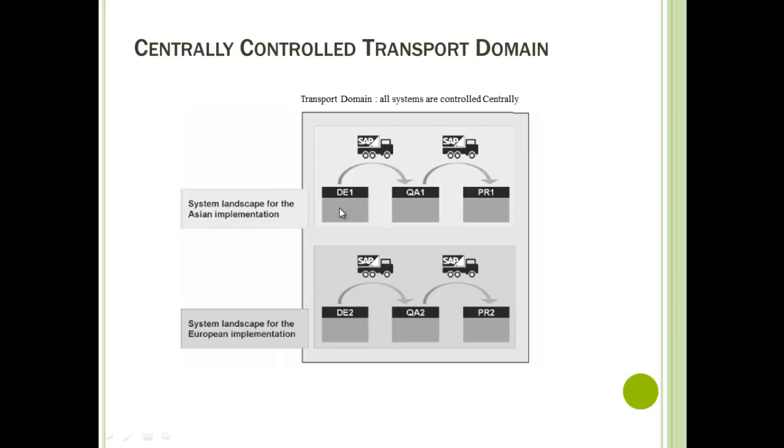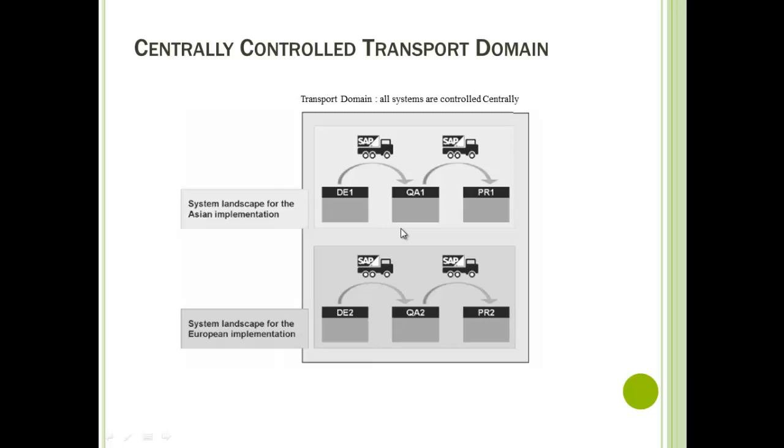When the productive system is not in the service window, meaning when the users are active, then you will do the transport in the productive systems in order to reduce the impact on your actual business. So these transports can be centrally managed in these types of cases.